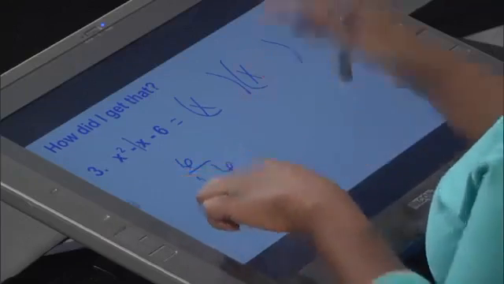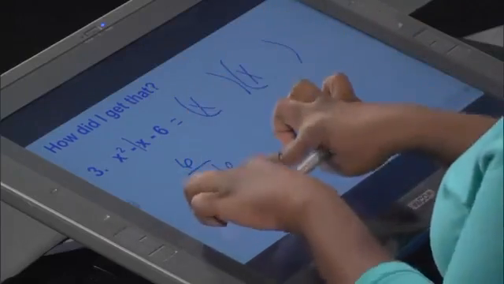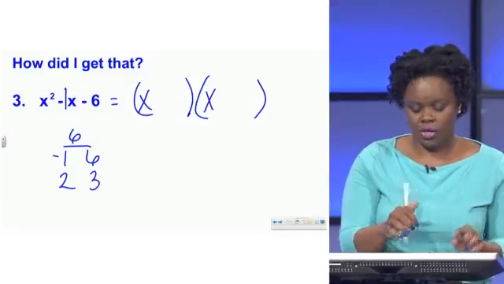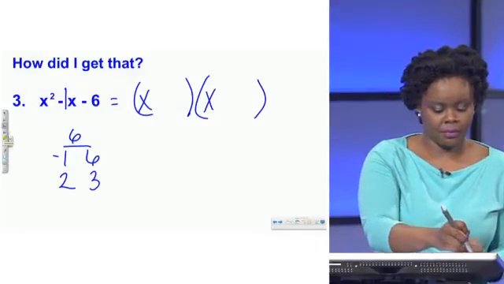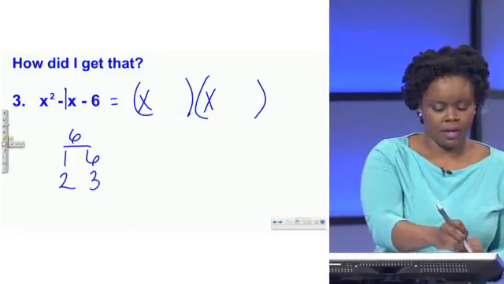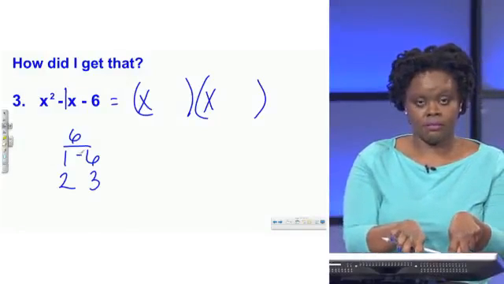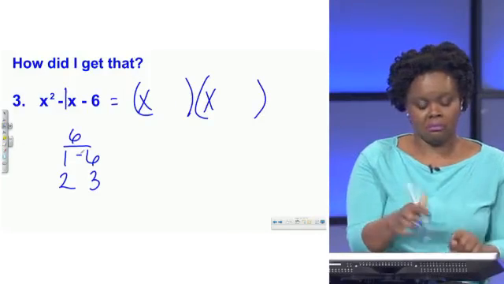All right, so with 1 and 6, if the 1 was negative, negative 1 plus 6, that's 5. So that's not it. Now, what if the 6 were negative? 1 plus negative 6, that's negative 5. So that's not it either.